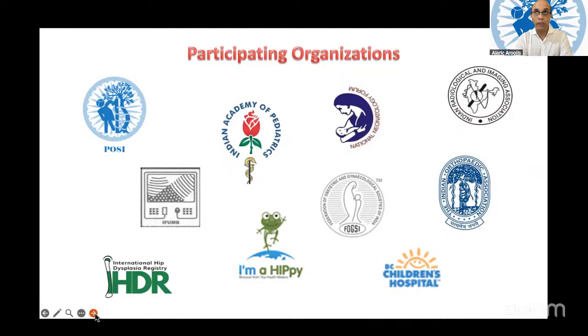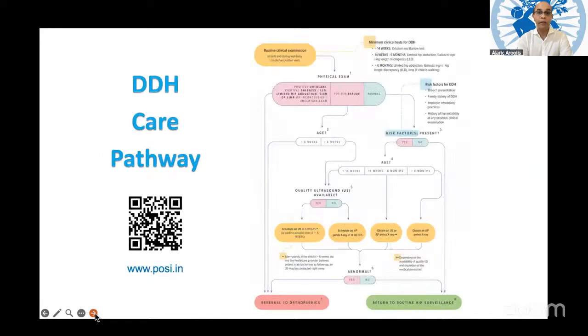We involved the ultrasound and radiology group as well, the Obstetric and Gynecology Association, which is a very large organization in India, and the Indian Orthopaedic Association, which is our parent body. We were very fortunate to have some funding and technical expertise shared by the University of British Columbia, the BC Children's Hospital, and funding from the International Hip Dysplasia Registry and the I'm a Hippie Foundation. I won't get into the details of how we went about it.